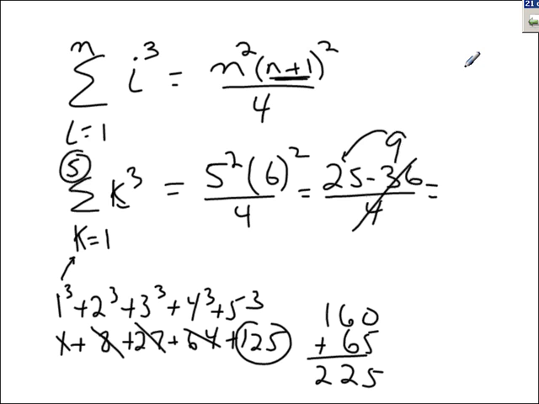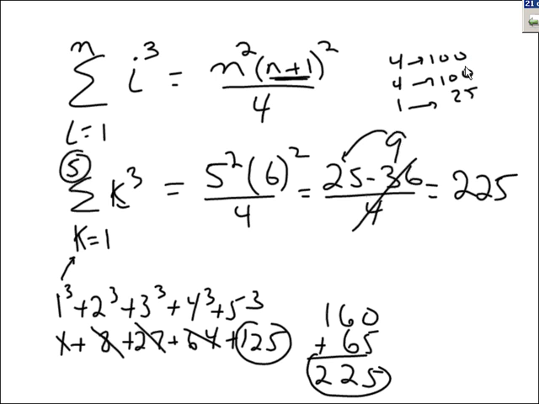The value of 9 quarters. Well, the first 4 quarters are 100. The next 4 quarters are another 100. You've got 8 quarters. You have one more quarter. It's 25. That's 225. Okay, so same answer I got using the long way. But if n is large, if n was 100, I wouldn't want to cube the first 100 numbers, nor would I want to add them up.